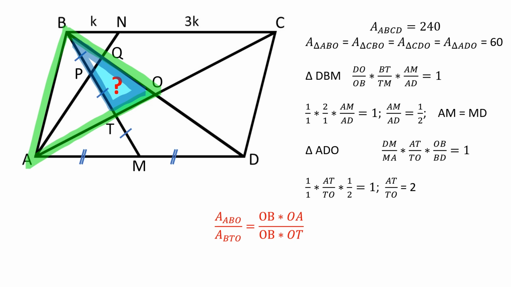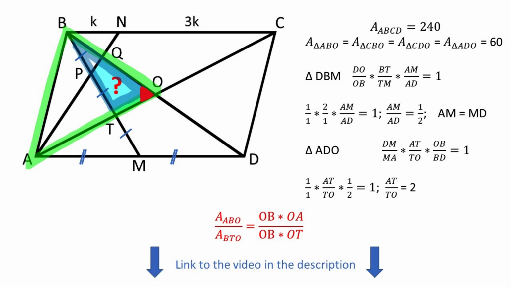Because if the angle of one triangle is equal to the corresponding angle of another triangle, then the areas of these triangles are related by the same ratio as the products of the sides enclosing equal angles.